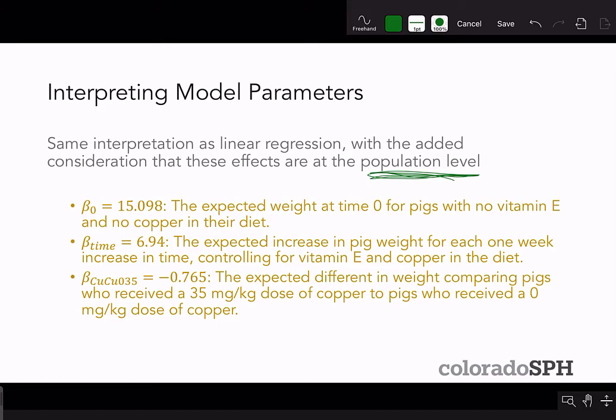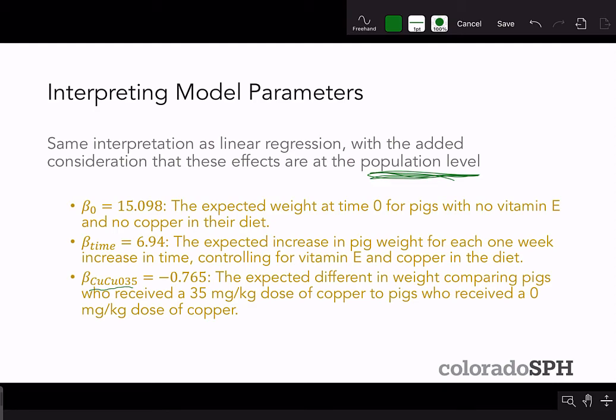Okay, so the beta for time is 6.94, and this is the expected increase in pig weight for each 1 week increase in time, controlling for vitamin E and copper. And I only have one of the betas here for the different doses, but this is a dummy variable comparing a dose of copper of 35 milligrams per kilogram to a dose of no copper.